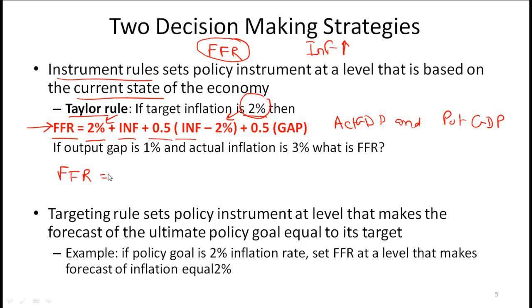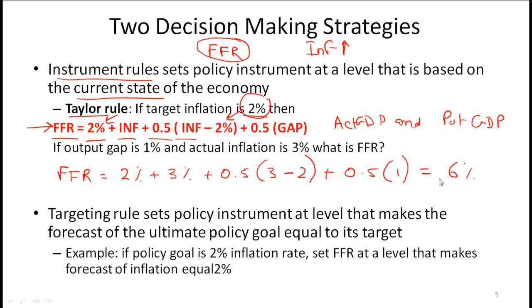So the federal funds rate must be equal to 2% because this is the target inflation, plus 3% because that's the actual inflation, plus 0.5 times 3% actual inflation minus 2% target, plus 0.5 times the gap, which is 1%, and this will give us 2 and 3, 5, plus 1 is equal to 6%. So in this situation, the federal funds rate will be set at 6% according to the Taylor rule.